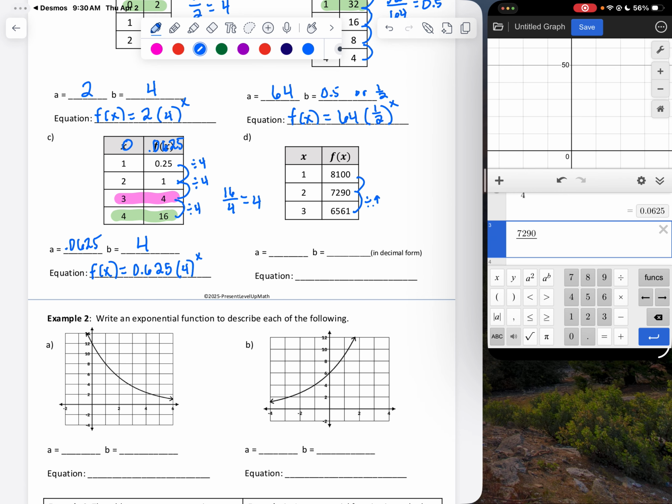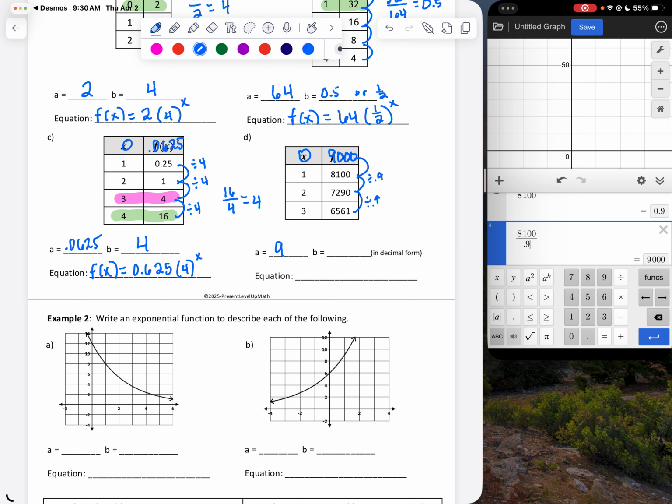7290 divided by 8100 gives me 0.9, they're dividing by 0.9. So to get my next value up, I need to take 8100 and divide it by 0.9, and that gives me 9,000.